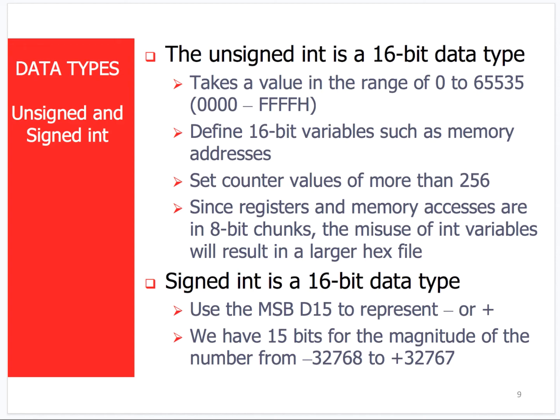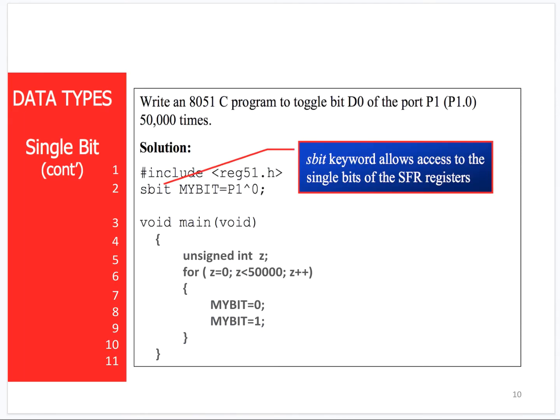We have 15 bits for the magnitude of the number from negative 32768 to positive 32767.